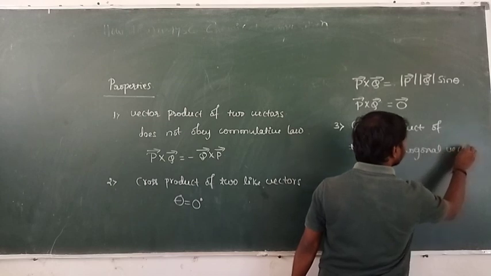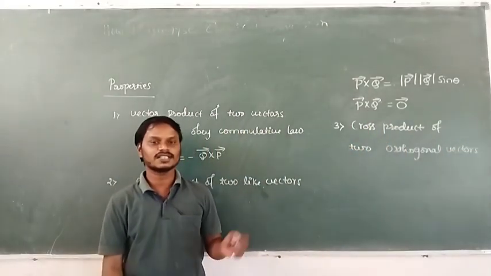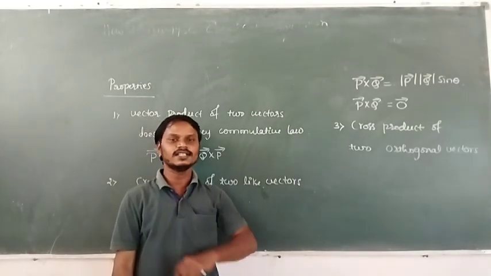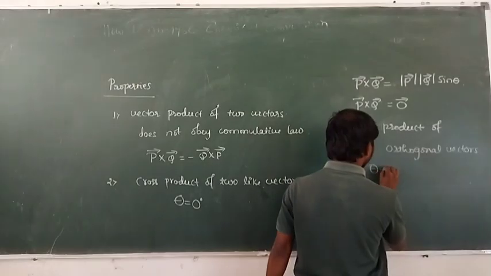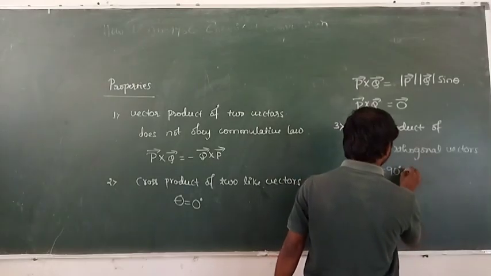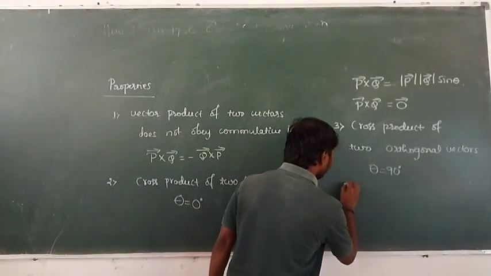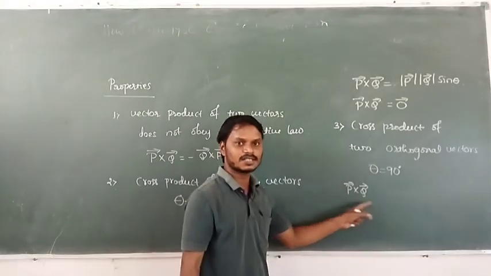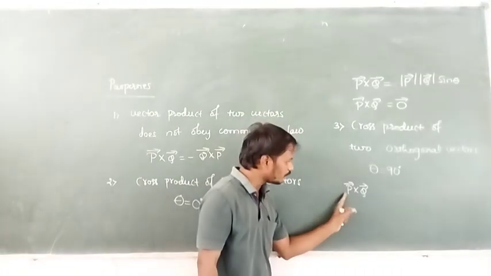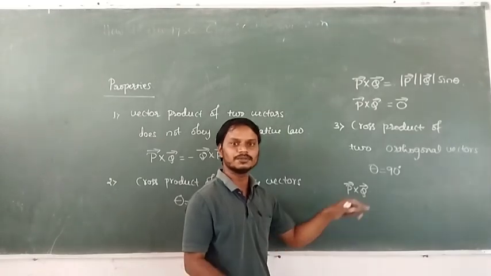Orthogonal vectors means the angle between the two vectors is 90 degree. So theta is equal to 90 degree. Then the cross product of two vectors can be written as P cross Q. So how to read this one? P cross Q means the rotation is from P to Q. If Q cross P is there, the rotation is from Q to P.